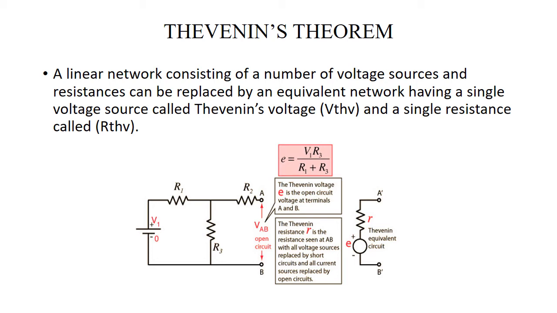Then we calculate Thevenin's voltage VAB using loop analysis, node analysis or the series parallel reduction method. The third step, we calculate Thevenin's resistance by series parallel reduction. Then draw the Thevenin's network and calculate the load current by connecting the load resistance between A and B.